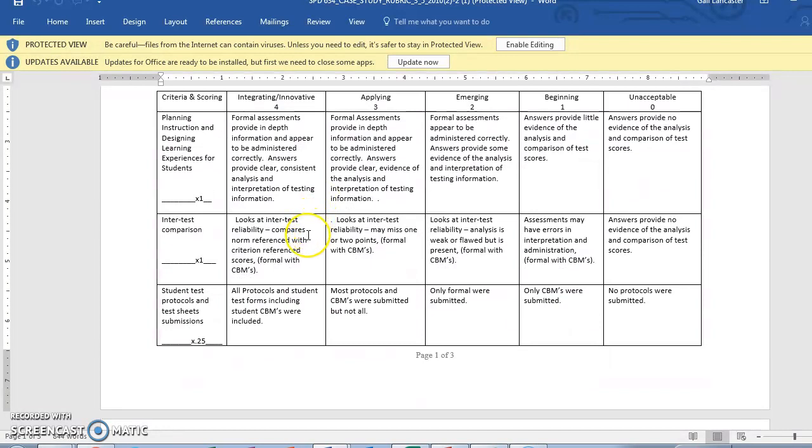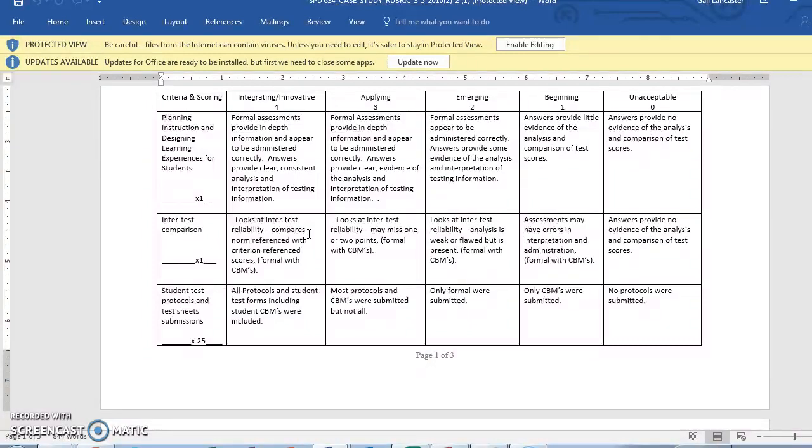The next section is inter-test comparison. Compares norm referenced and criterion referenced scores. Okay? One of the things I want to make sure that you do here is I need standard scores. You need to put standard scores on these papers.